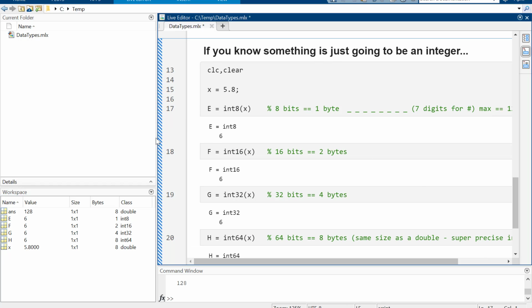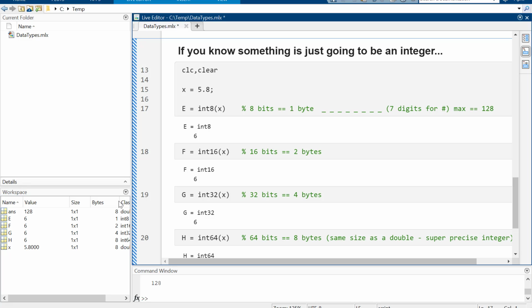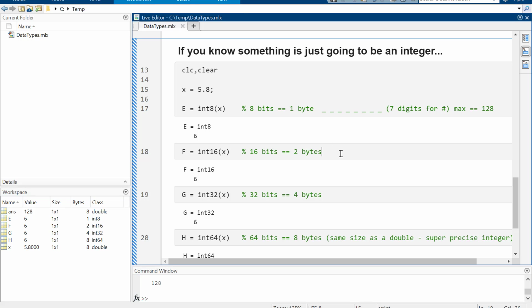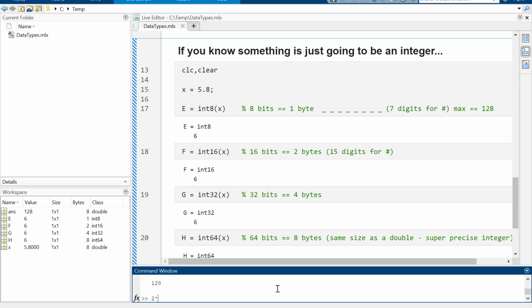I'll pull this over again so you can see. Okay, so the maximum there is 128. For this one, again, you have 1 digit for the sign, so you have 15 digits for the number, so whatever 2 to the 15 is, 32,768.